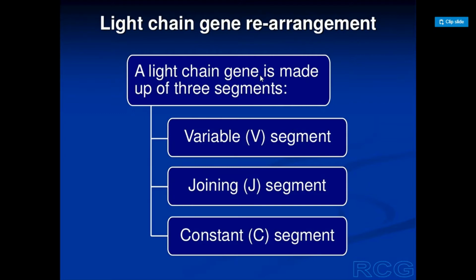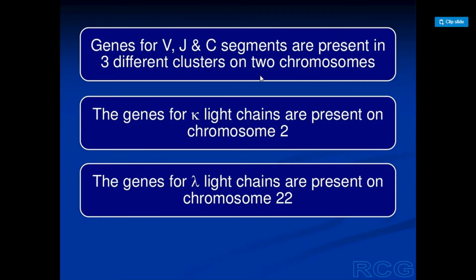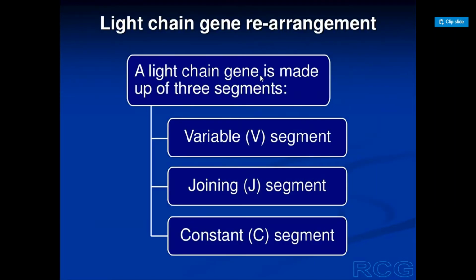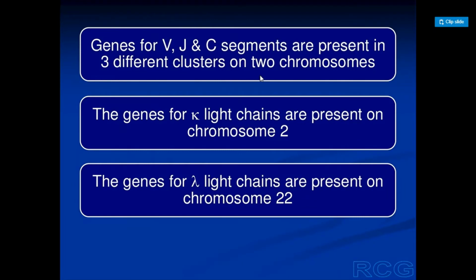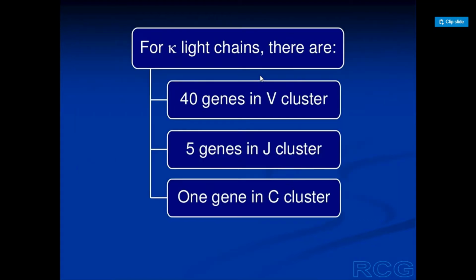There is VJC recombination in light chain gene rearrangement. Here the genes for the V, J, and C segments are present in three different clusters on two chromosomes. The genes for the kappa light chains are present on chromosome 2, whereas the genes for the lambda light chain are present on chromosome 22.